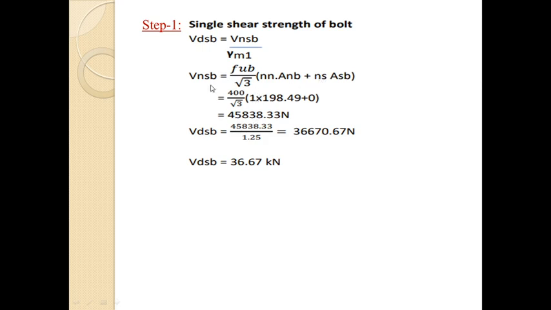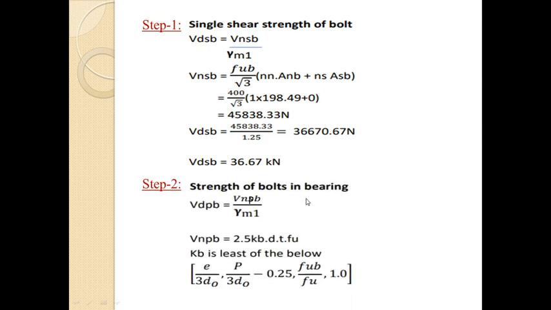Now, by calculating Vnsb, we get the value 45838.33 Newton. Dividing it by gamma m1, the partial safety factor of material, we get the value of Vdsb is equal to 36.67 kilonewton.